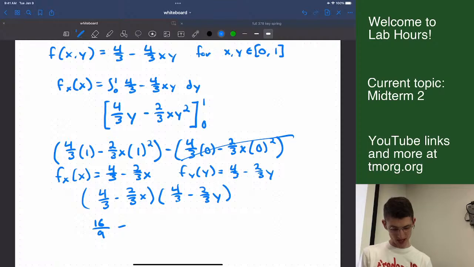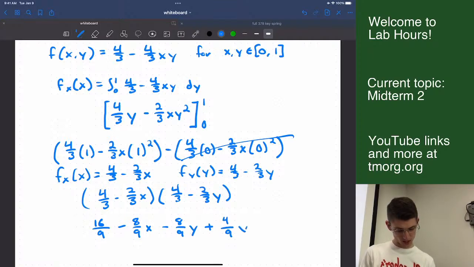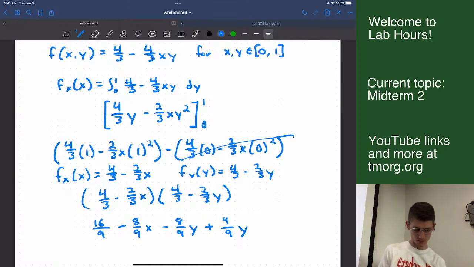And then we have minus, and this is actually why it's definitely not correct, these 8/9 x and 8/9 y that we have to deal with, which is not helpful. Yeah, so very clearly this is not equal to that original joint distribution. So because we know the marginal probability densities, we can tell now they are not independent.